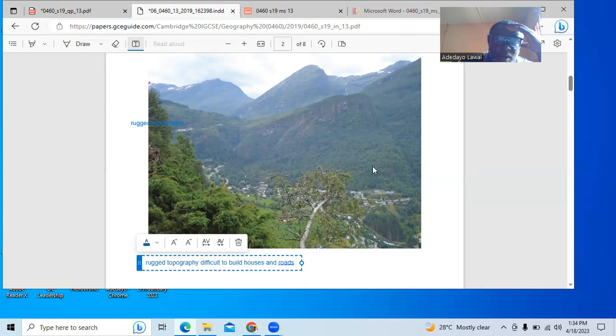Another thing is that the climate of the mountainous, of the hilly areas will be cold. Use the word very cold.